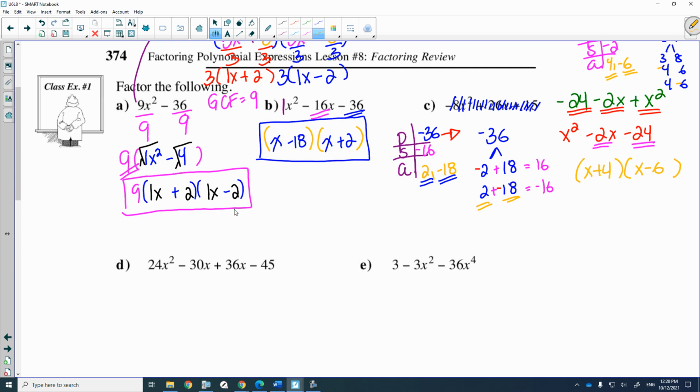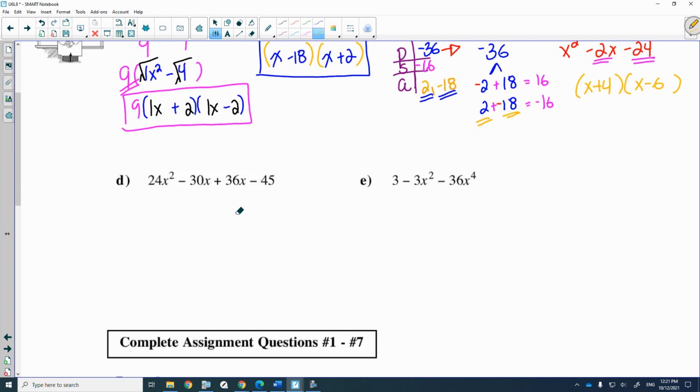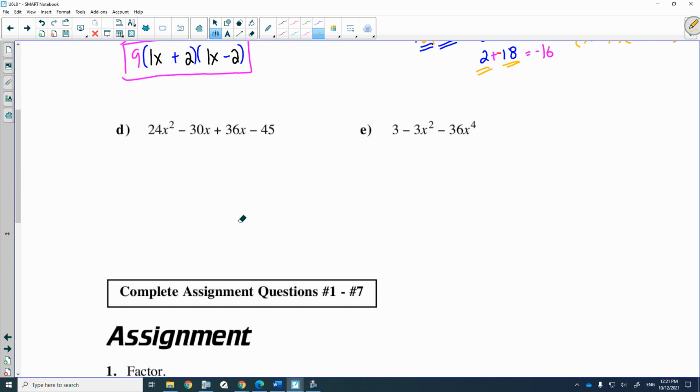Okay, let's do D, 4 terms. Juan, what do you want me to do with 4 terms? Split it in half and find the GCF. So between a 24x squared and a 30x, Juan, what do you want me to factor out of that?